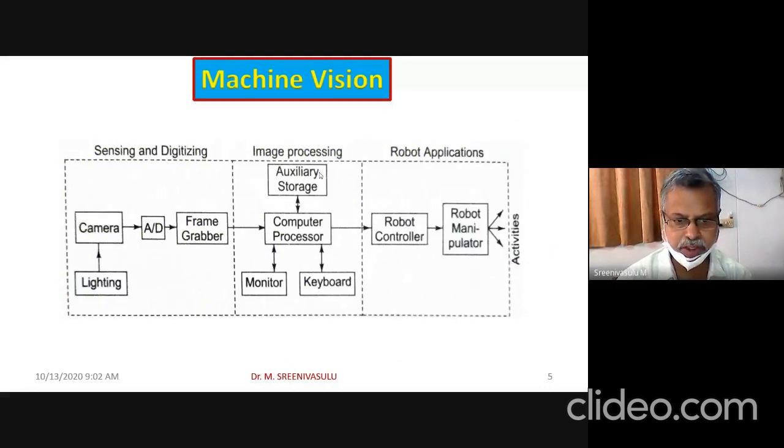These are all the various stages that are associated. This layout gives you the interdependency of one with respect to the other. The three functions come under machine vision, and they are all interdependent.